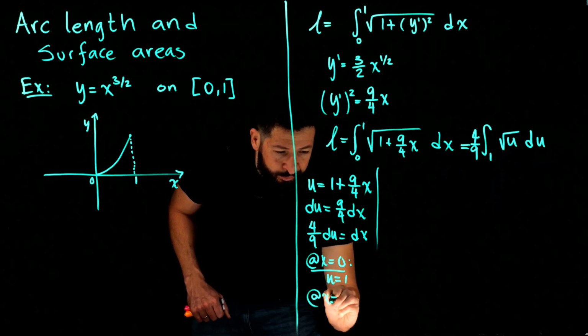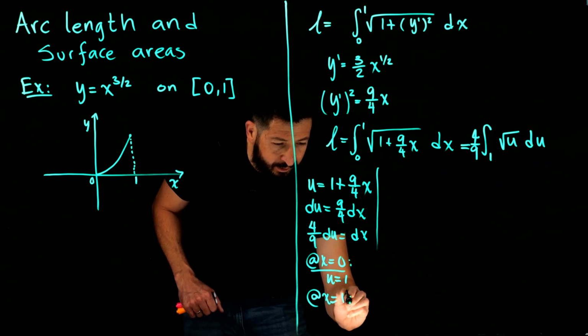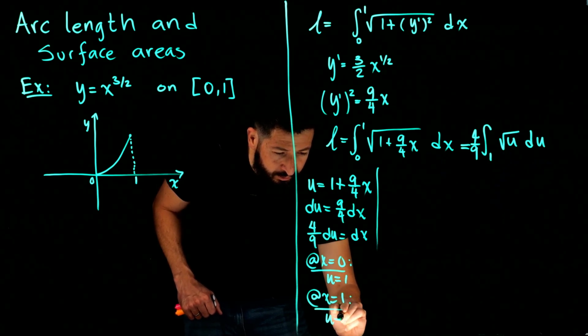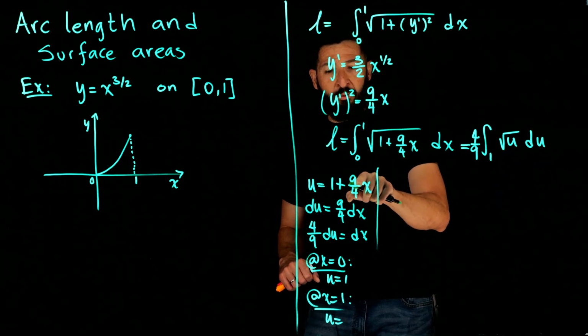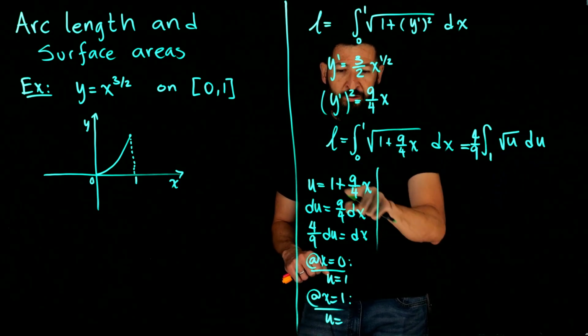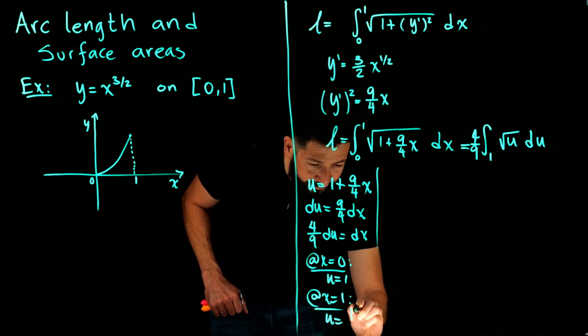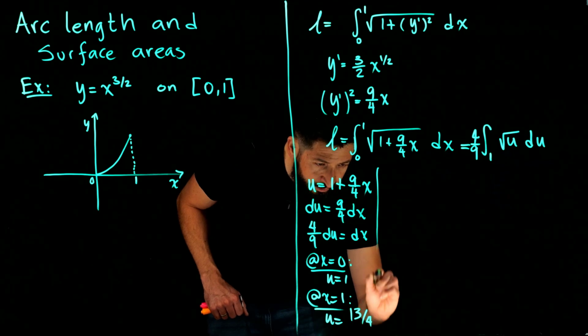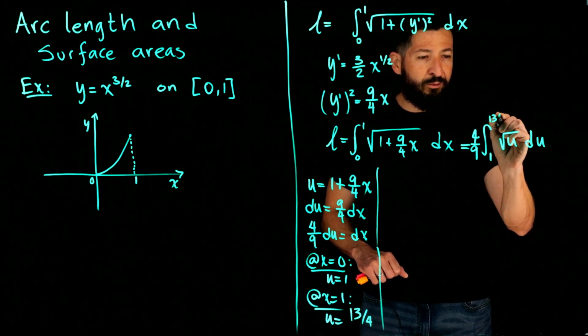At x equals 1, which is my other endpoint, u becomes 1 plus 9/4, which is going to be 4 plus 9, 13/4. All right, so I can change that here and put it as 13/4.